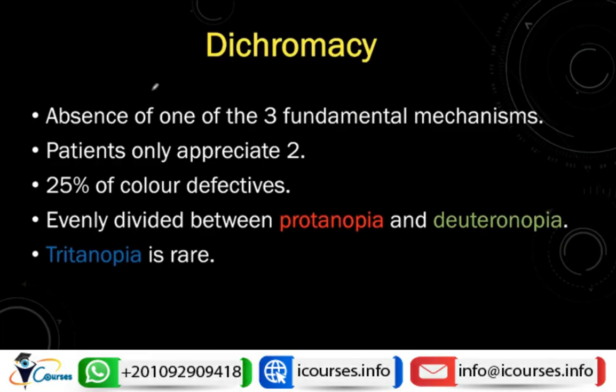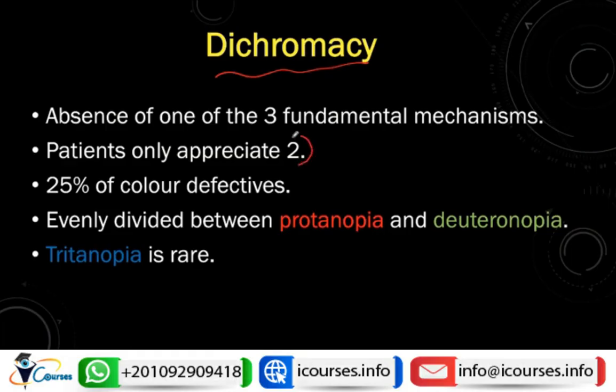Now, the more common is dyschromatopsia, in which the patient can see two colors, and the third color will be either absent or defective. The first one is called dichromacy. In dichromacy, the patient has absence of one of the three cones. There may be absence of the red cones, the blue cones, or the green cones.